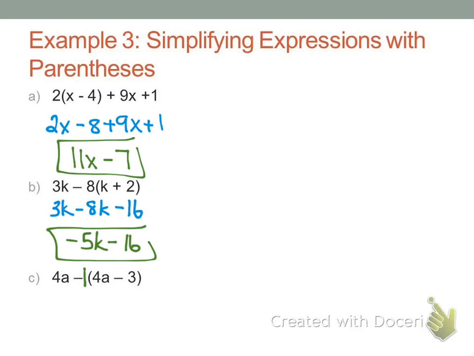So 4a, all right, what's negative 1 times 4a? Negative 4a, right? Minus 4a, and then what's negative 1 times negative 3? 2 negatives, positive 3. We're multiplying here, guys. Okay, so plus 3. Well, 4 minus 4, those cancel, and so my answer is just 3.